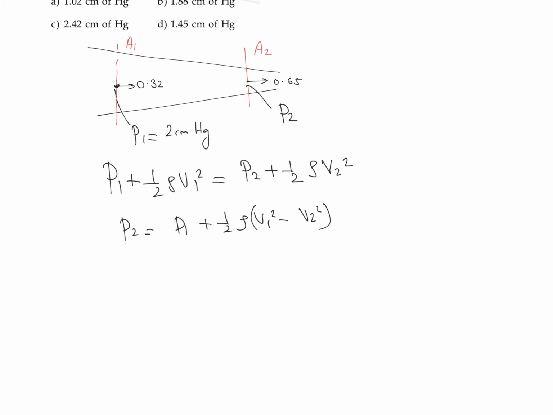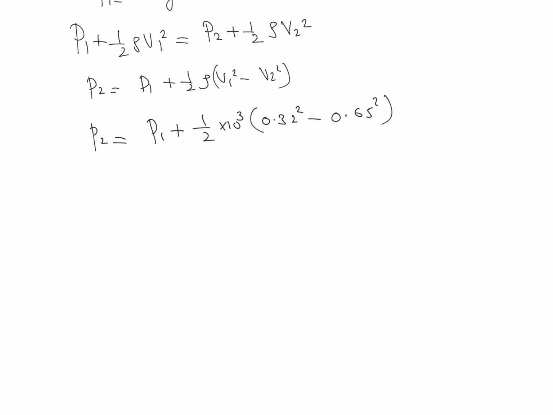Now we can just put the values over here. So P2 is equal to P1, which we know is 2 centimeter of mercury, plus half into rho, which is the density of water. We can take it as 10 raised to 3 in SI system, and V1 is 0.32, the whole square, minus V2 which is 0.65, the whole square.